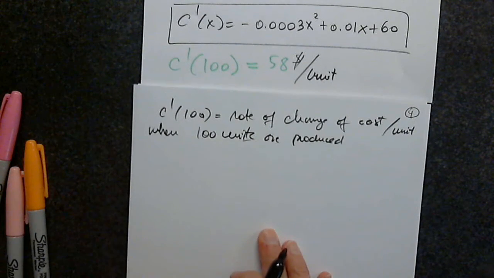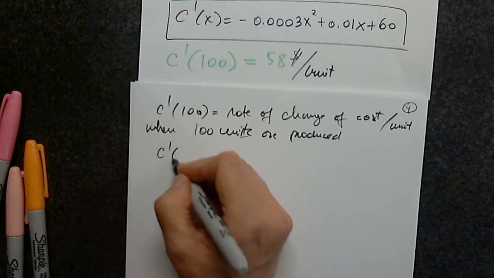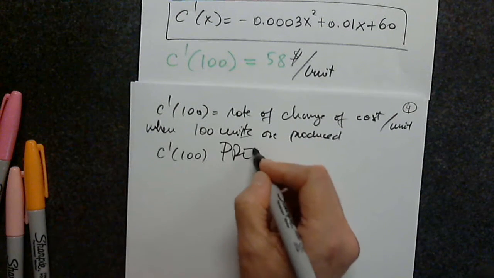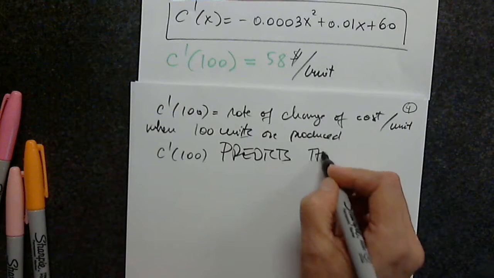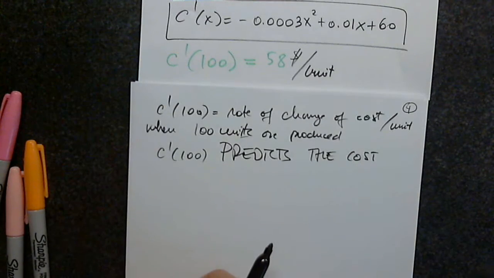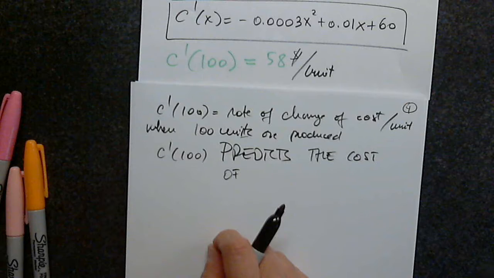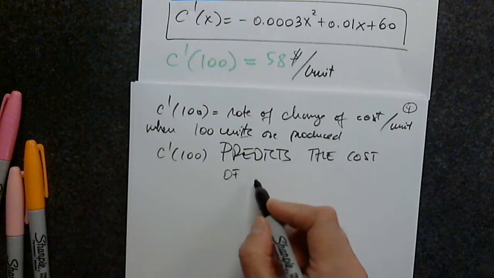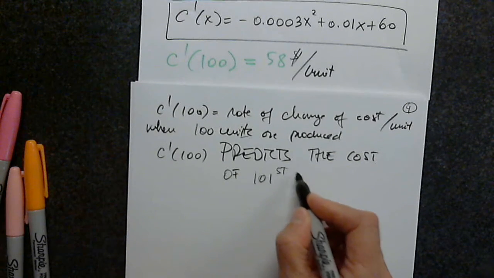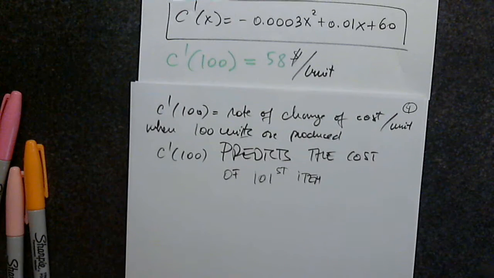Now the next sentence is very important. C prime of 100 predicts the cost. It's not the exact cost, but it predicts the cost of which item? The next one. It predicts the cost of the next item. It's not exactly the cost of the next item, but it predicts the cost of the next item.